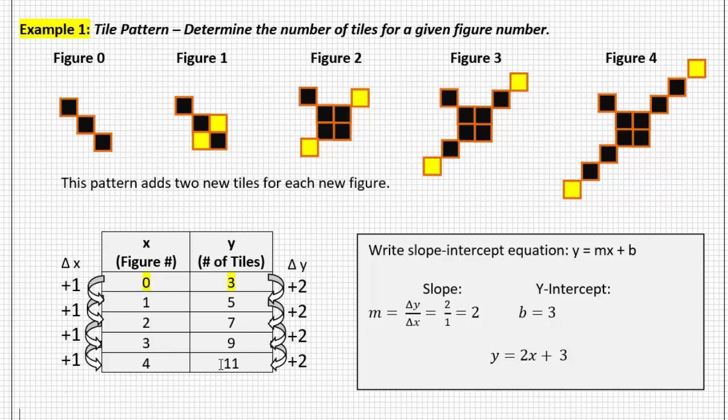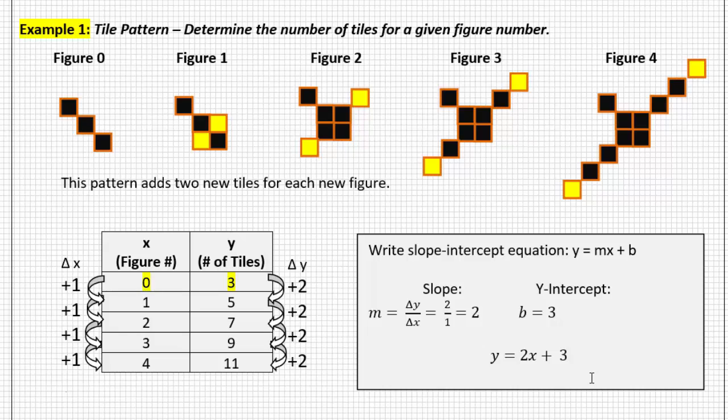We showed our work of how we calculated the slope by analyzing the change in y, the number of tiles in this case, over the change in x, for every new figure number, and wrote that into our slope form. We found our y-intercept by looking for when x is 0, what is that y value, so we know that it starts out with just 3 tiles, and wrote that into the equation y equals mx plus b, so we could now use this equation to figure out how many tiles are in any figure.